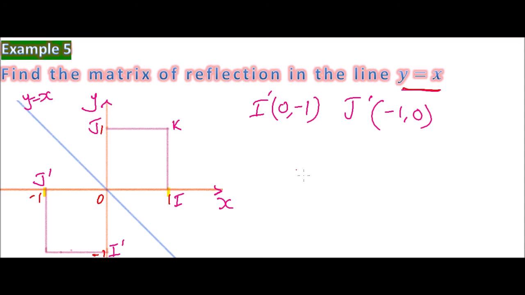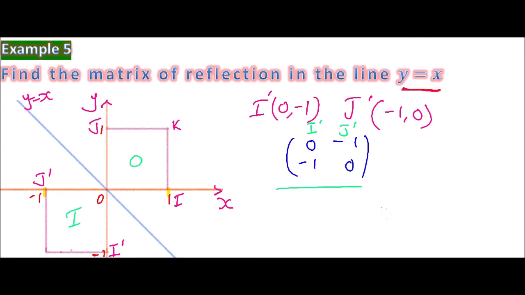And with these two we form a matrix, that is the matrix 0, minus 1, and minus 1, 0. We can now say this is our I prime and that is our J prime. And remember, the matrix formed by the image of our unit square, this is our image, this is our object, forms the matrix of transformation.